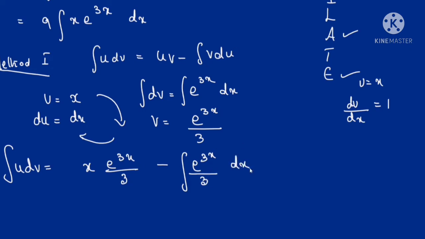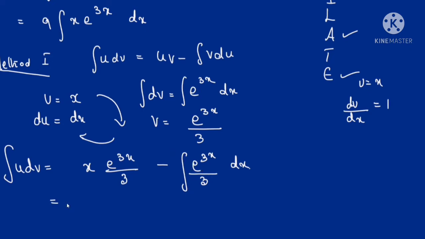Integration by parts is also called partial integration in some countries, because this does not give the final integrated answer; again you have to integrate. It is not fully integrated.